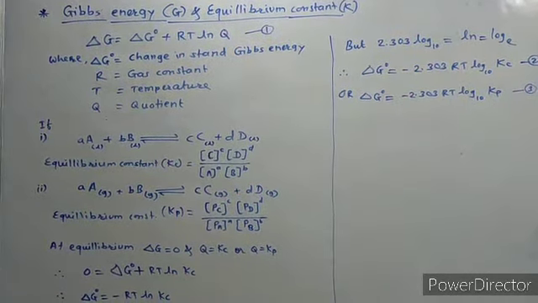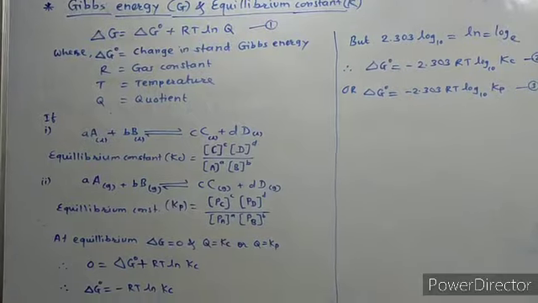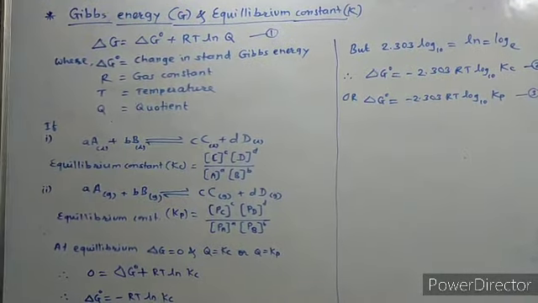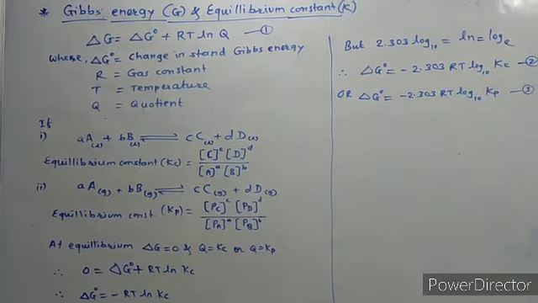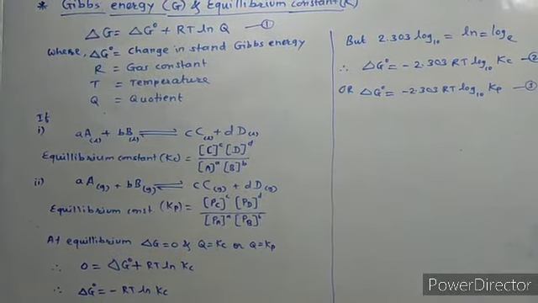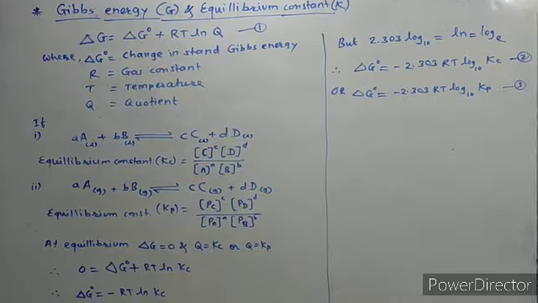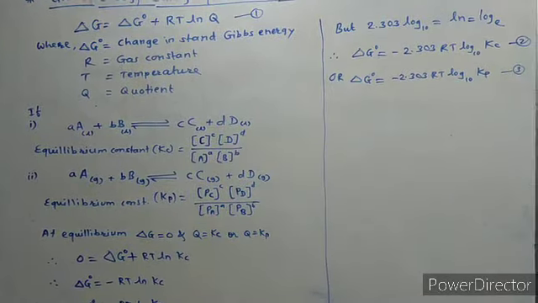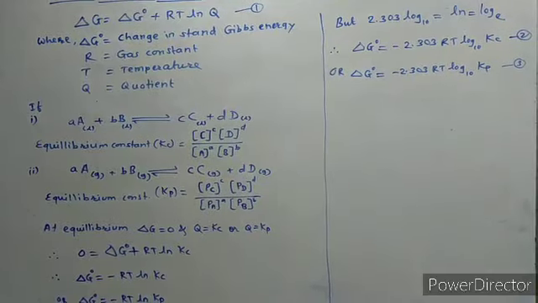Now consider a reaction in which all reactants and products are in the liquid state. So aA in the liquid state plus bB in the liquid state equal to cC in the liquid state plus dD in the liquid state.